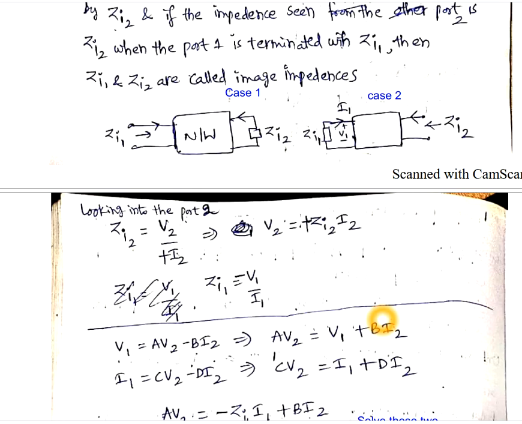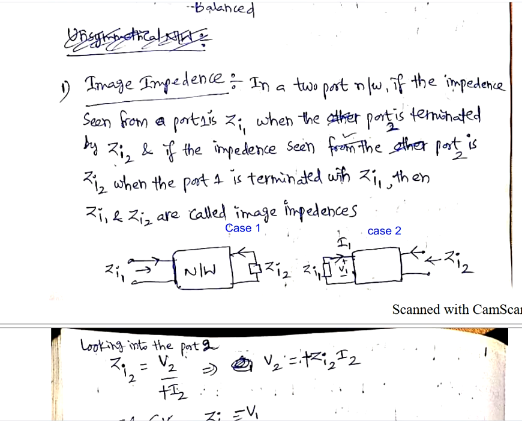Now we will look into port 1. Looking into port 1 means it is for case 1. So let me clearly write, the previous one is for case 2. The first point is that you don't combine the equations of case 2 and case 1. They are separate cases and each case is used for getting one equation.